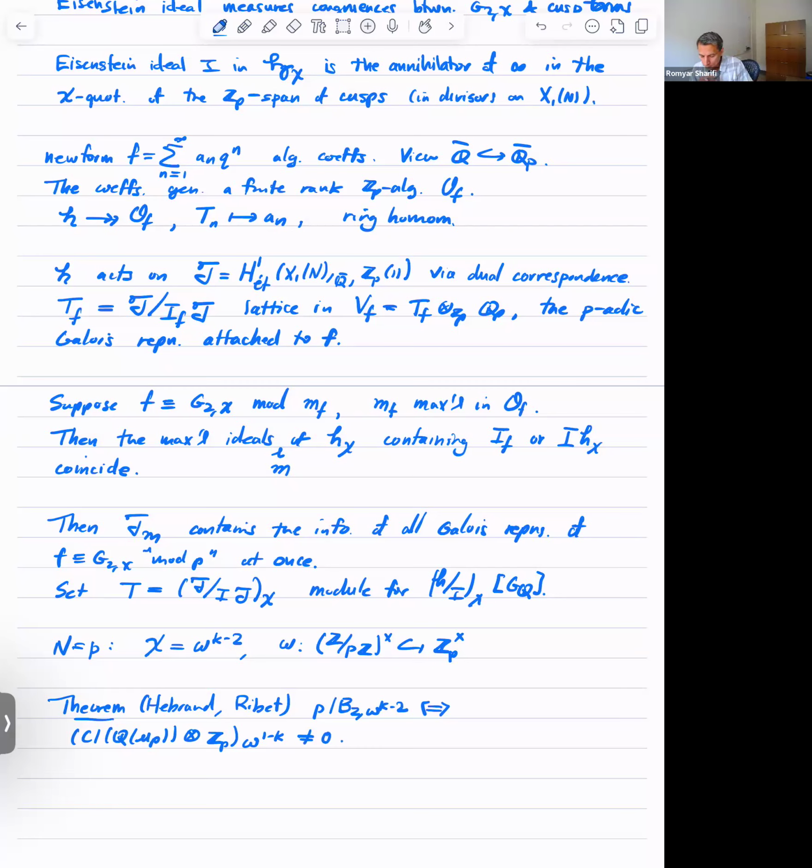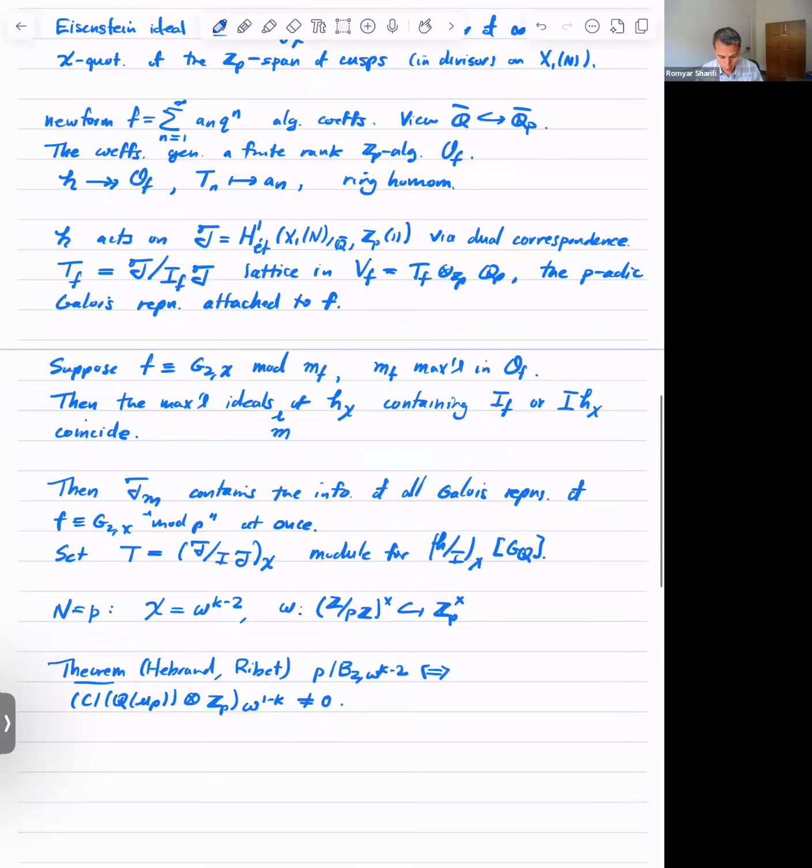The direction that the class group implies P divides a Bernoulli number is a simple consequence of Stickelberger's theorem, but the other direction is quite deep. And it was sort of the first connection. The way Ribet proved it was by looking exactly at the Galois representation of a cusp form that's congruent to an Eisenstein series mod P.